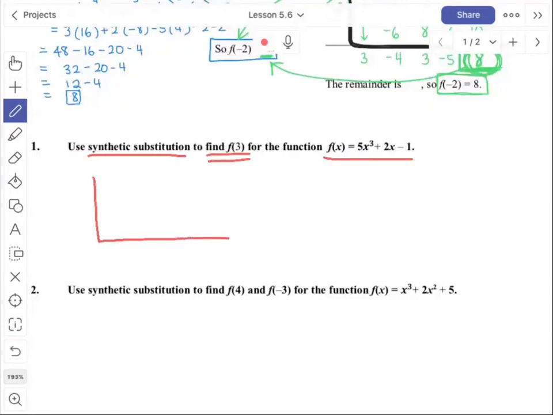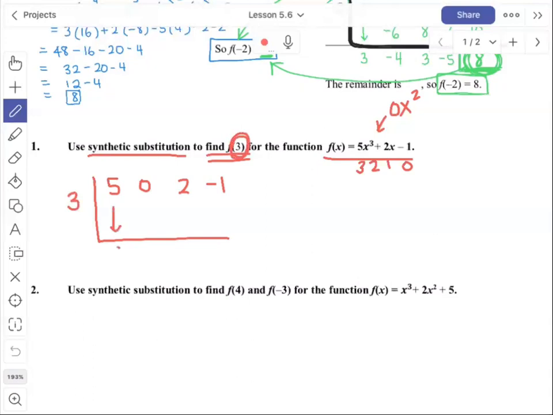We have an exponent of 3, but we're missing an exponent here, the x squared term. So put 0, and then the exponents go 3, 2, 1, and none. Now put in those coefficients, 5, 0, 2, and -1. And the number outside is exactly that number 3. You don't have to change the sign.